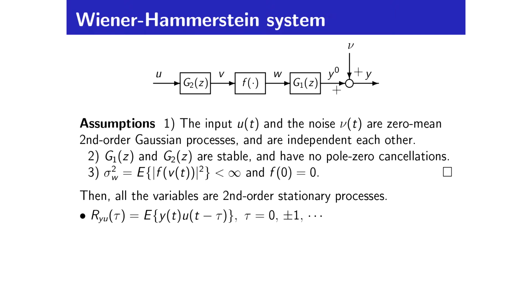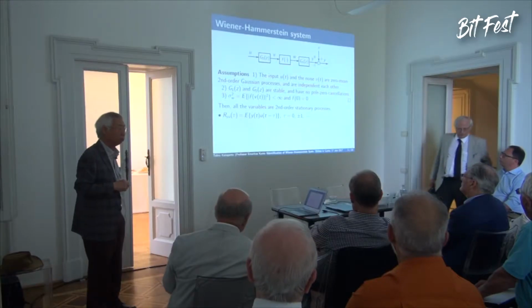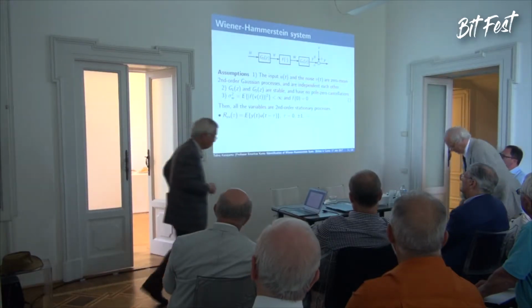And the variances of the output and nonlinearity are finite. Then all the variables here are second-order stationary processes, so that we can define the covariance function. This is the cross covariance function. Also, we can define an autocovariance function, and so forth.